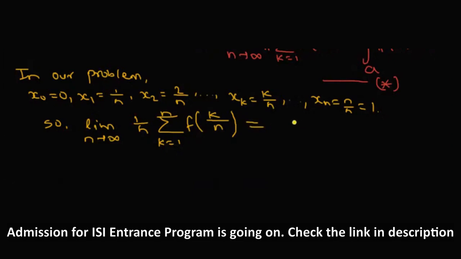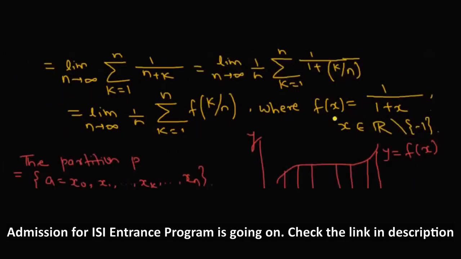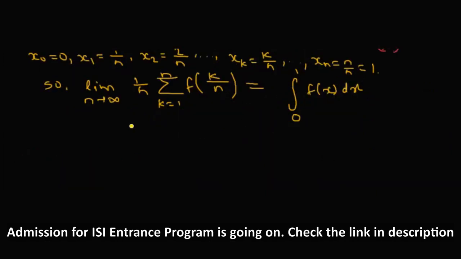So this is equal to the integration from 0 to 1 f(x) dx. And previously we have already defined f(x) to be 1 by 1 plus x for x belonging to real numbers. So we just need to use this.